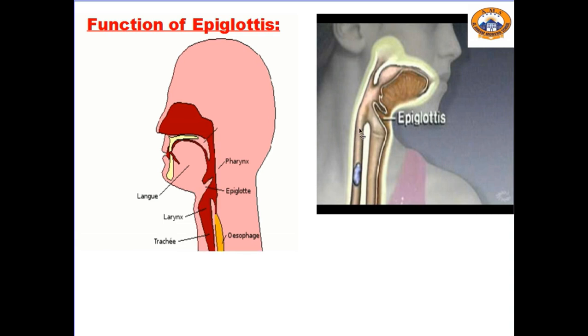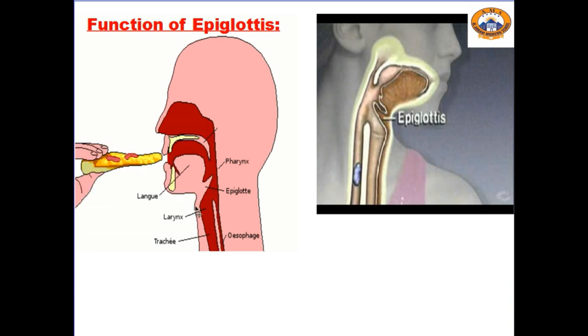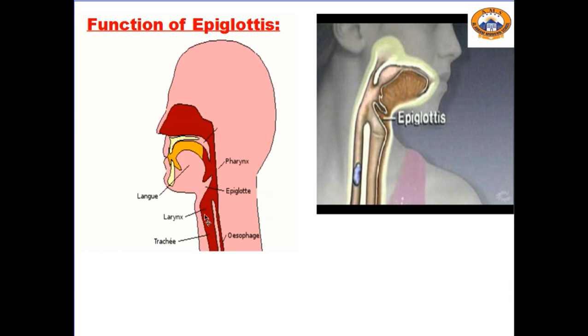This is because maybe some food particles entered the trachea, so you are coughing, trying to get this food out of the trachea. Okay, now look at this picture. Can you see this is the epiglottis? It's normally open, but when the food is being swallowed, it moves down to close the opening of the trachea at the front. So the food will have only one way available, which is the esophagus.